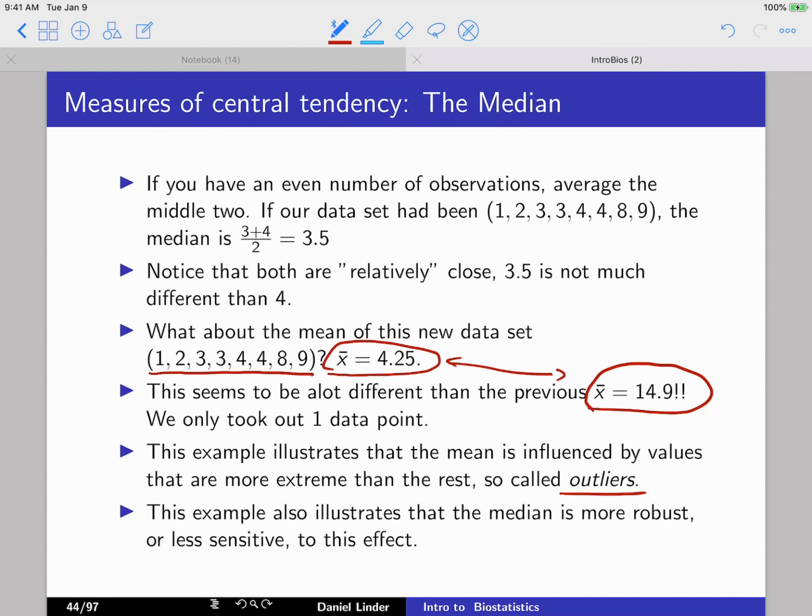But an outlier just means, generally speaking, a data point that's more extreme than the others. So this example illustrates that the mean is influenced by outliers, but that the median is more robust. The median doesn't change much in the presence of outliers, so it's actually less sensitive to outliers in the data.